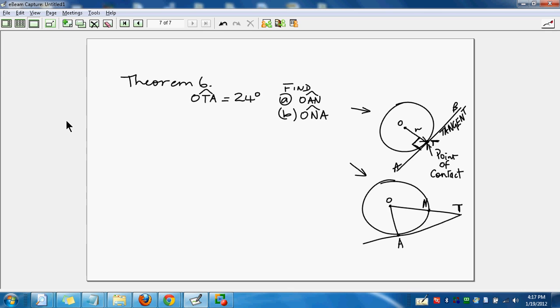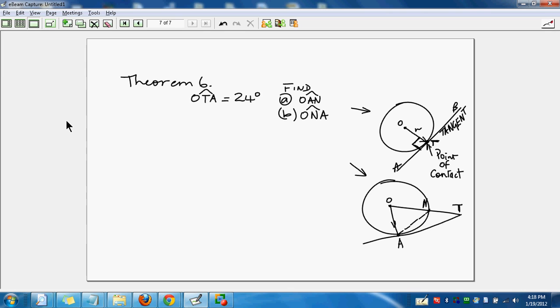So first of all, we have to understand what each angle is. Where is angle OAN and where is angle ONA? Now, if you observe on this diagram, they haven't drawn all the lines to be able to give you OAN nor ONA. So you have to put in an extra line. OAN means if I'm going from O down to A in the direction of the arrow, and then back to N, like this, right?